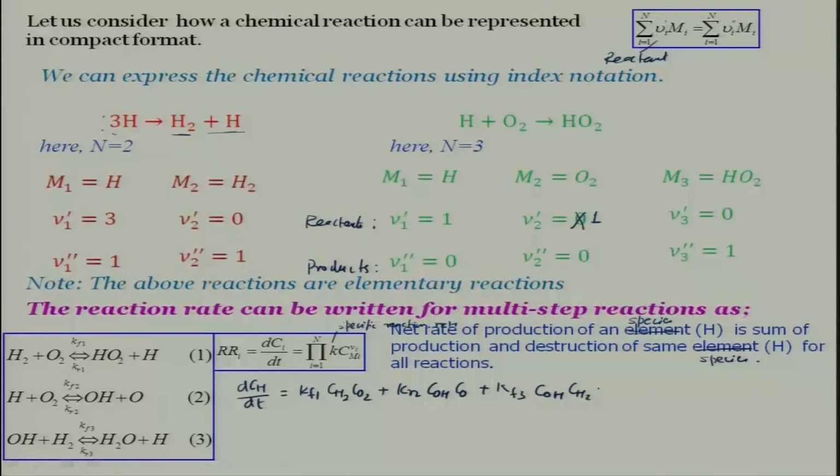So, we will do this in a systematic manner. Now, H is being destroyed. H is destroyed in the reverse direction of reaction 1, so I will write a minus because it is destroyed, and Kr1 CHO2 and CH, right. Similarly, if you look at the destruction in reaction 2, it is in the forward direction, so I will write minus Kf2 CH CO2.